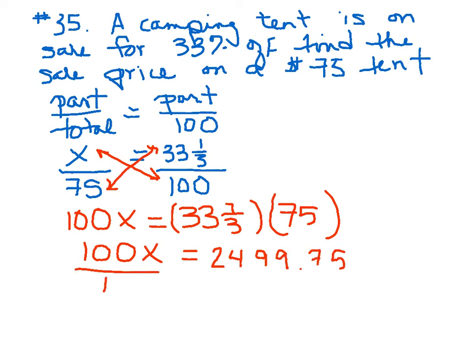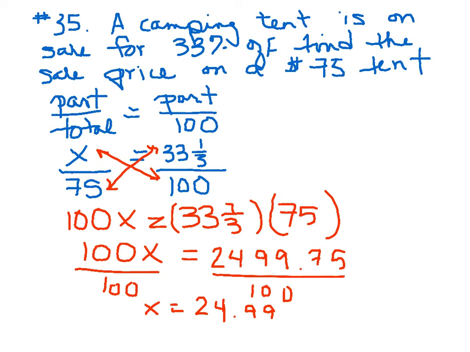I divide everybody by 100, and that gives me x is equal to, once again, I have my 2 zeros, so that tells me I moved my decimal point over twice, so I get $24.99.